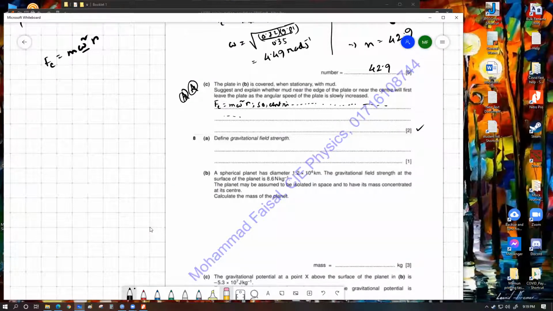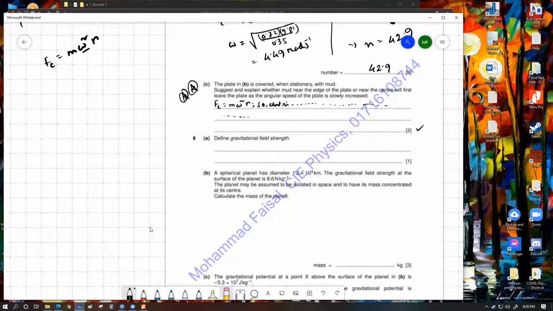So mud at the border will max out the frictional force earlier than the mud at the center and fly off.